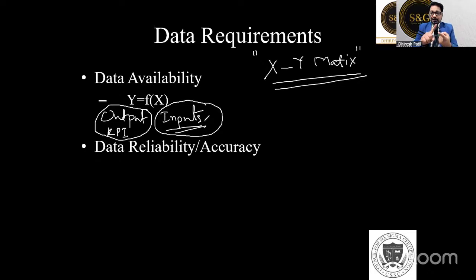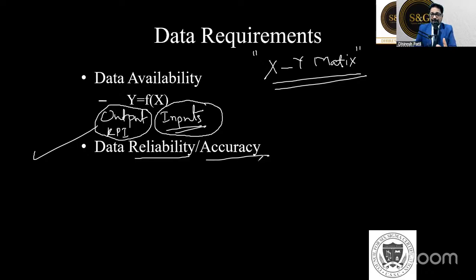We should have the data of our preventive maintenance, the total month-wise downtime, or within the machine the specific parts failure, that kind of downtime. All the factors which are impacting our total machine downtime, all that data should be available for us. And whatever data is available should be reliable and accurate.